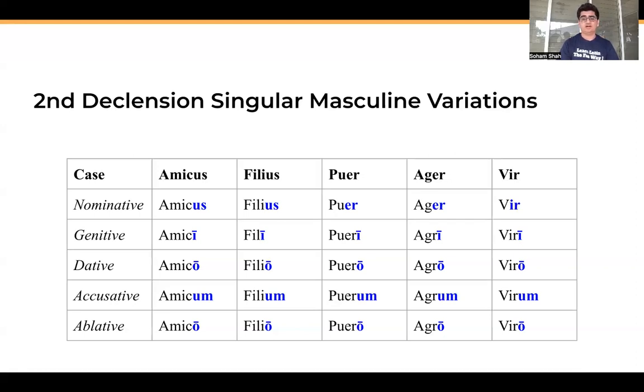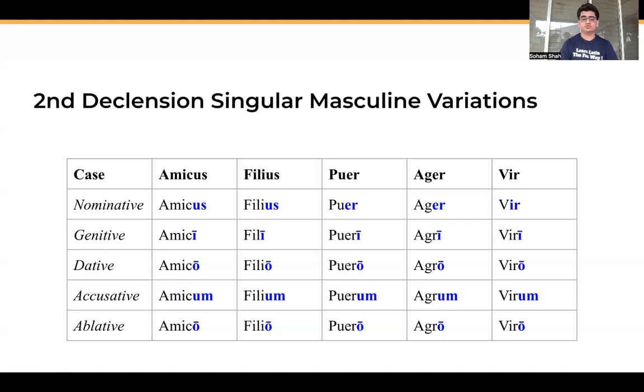Now let's look at ager. Ager, agri, agro, agrum, agro. I want to point out something extremely important over here. The genitive singular is not ageri, it is agri. We can compare this to puer, in which puer's genitive singular is not puri, but pueri. Puer carries forward the e, but agri does not.